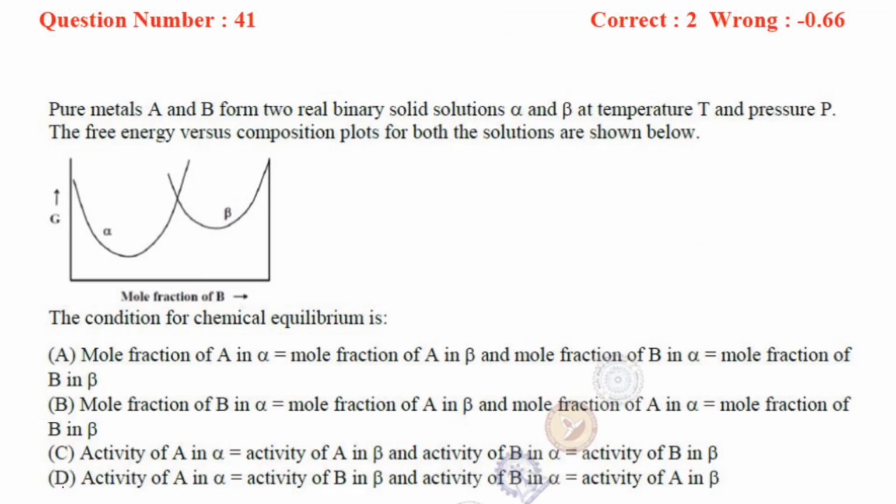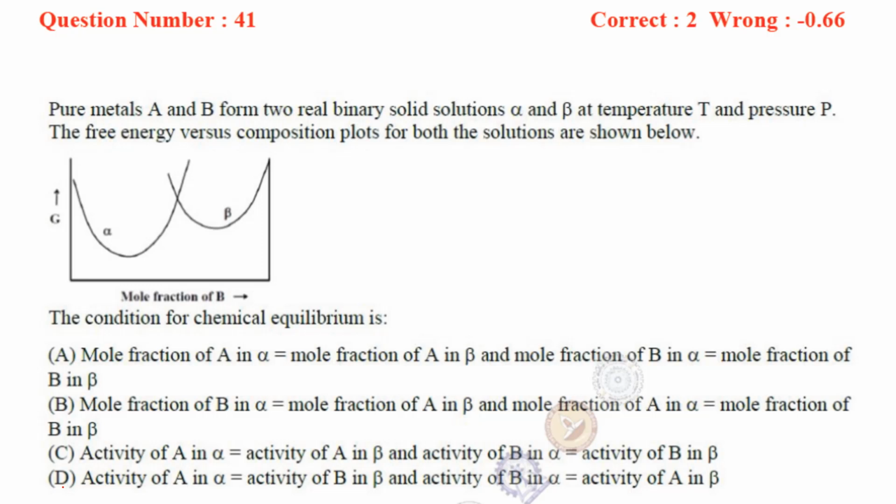Pure metal A and B form two real binary solid solutions alpha and beta at temperature T and pressure P. The free energy versus composition plots for both the solutions are given below. So G versus composition diagram is here.